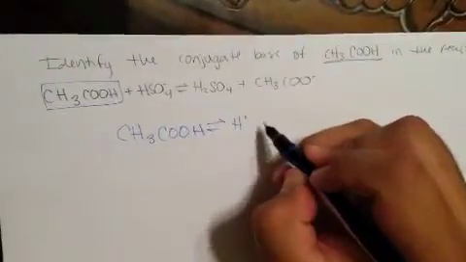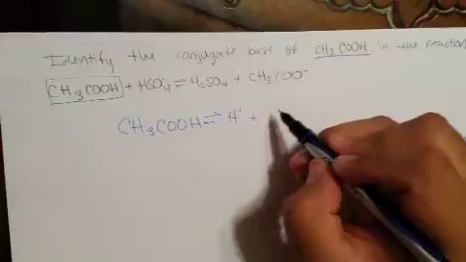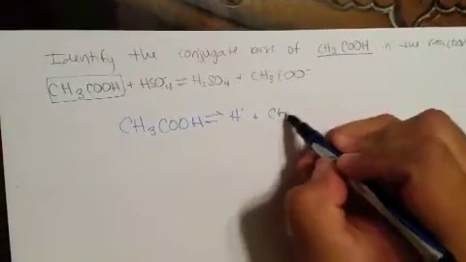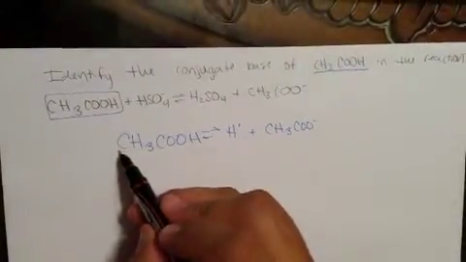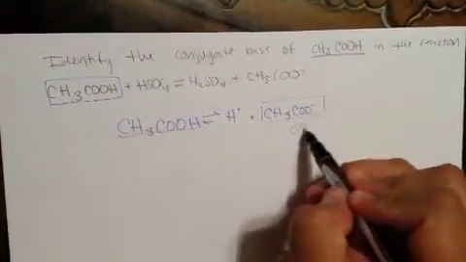So we want to take out a hydrogen with a hydrogen ion, and this will leave you with, so if this is your acid, you know that this is your conjugate base.